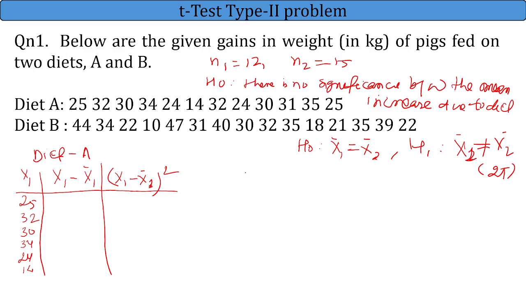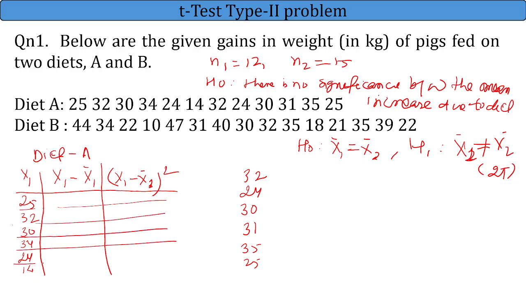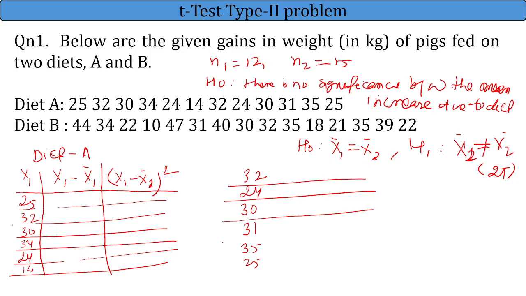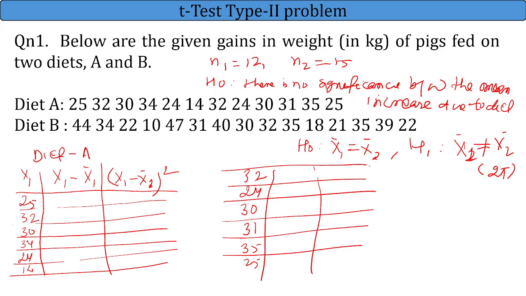I'll continue. 32, 24, 30, 31, 35, 25. This one will become x1, x1 minus x1 bar, x1 minus x1 bar whole square.